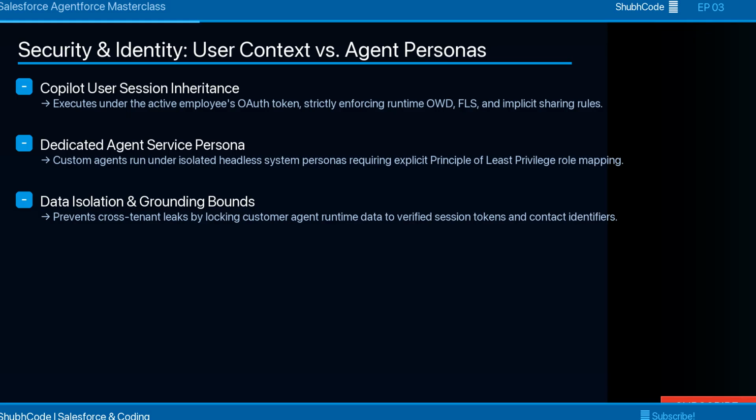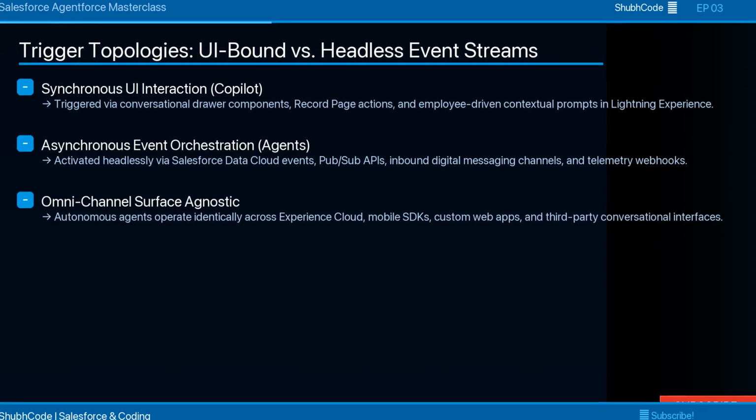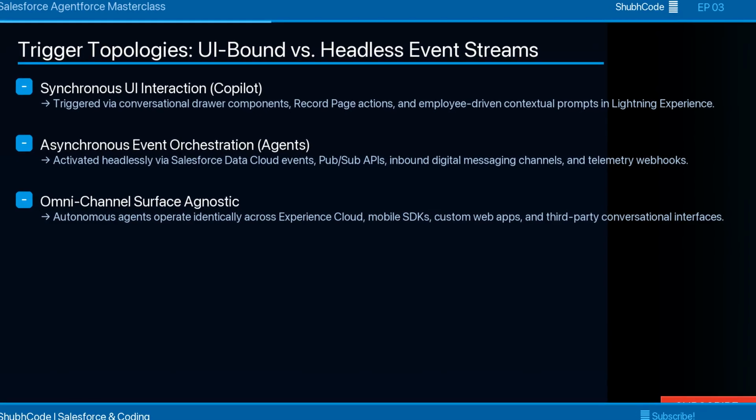If an internal representative lacks access to view financial balance fields, Copilot respects that boundary natively and suppresses the data from prompt grounding. An autonomous customer-facing agent, however, requires architected data isolation rules, row-level session scoping, and robust zero-trust validation before invoking actions.